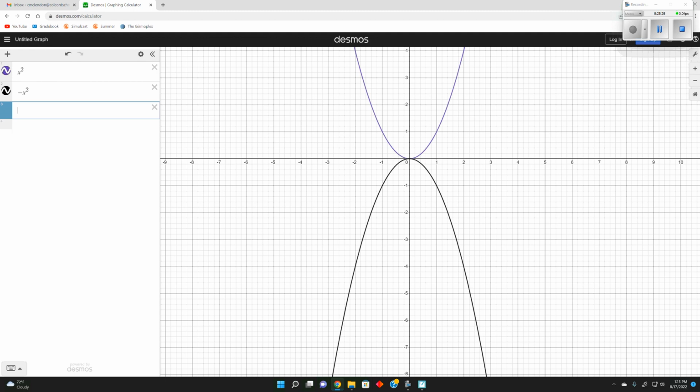Now, we can go parentheses, negative x, close parentheses, exponent squared. Okay, it did give me 2 for that. Well, do y'all see a difference? You see the blue function?